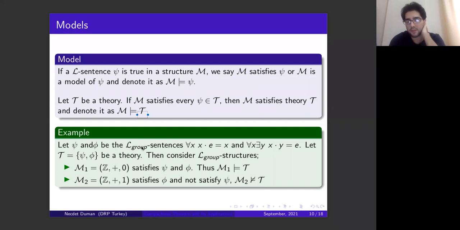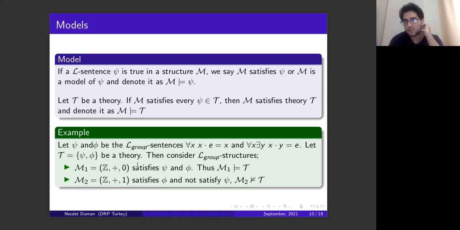We have, again, group language and 2 sentences in the group language. First sentence asserts that constant behaves as the identity, and second sentence also asserts something. So we have 2 structures here, again, in the group language. First structure has the base set of integers, usual addition on integers, and 0 as the interpretation of the constant symbol. And second structure, again, has the set of integers as universe, usual addition, but this time constant is interpreted as 1.